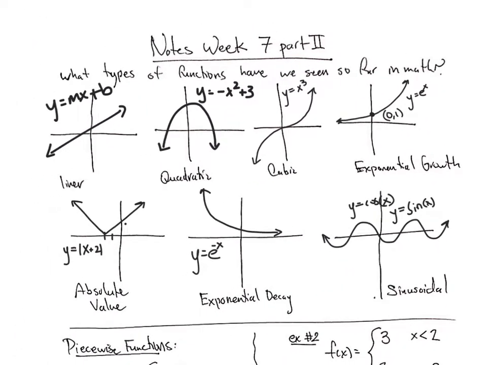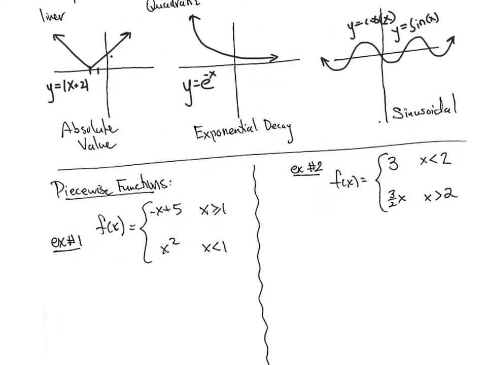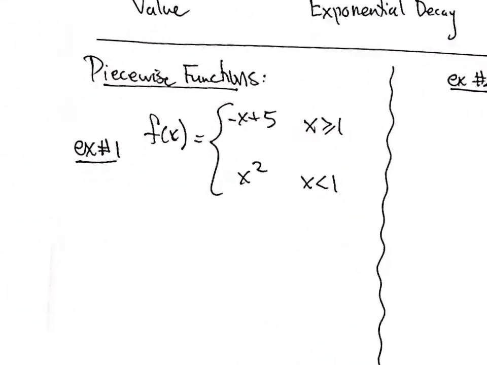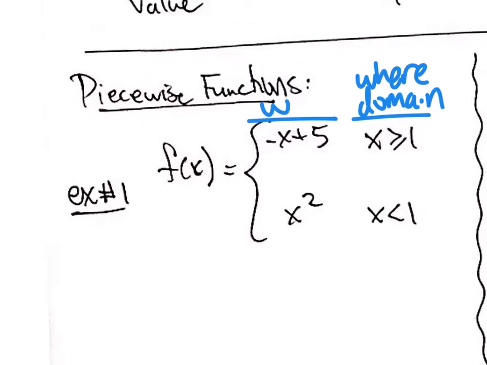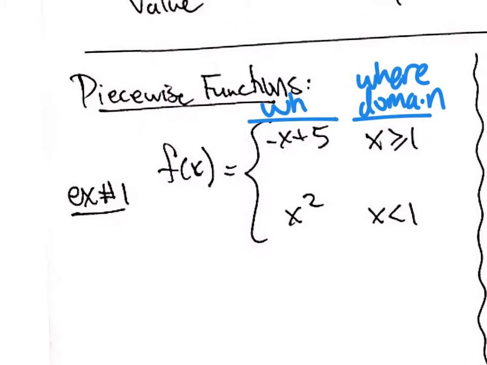Their graphs and equations. And so this lesson is basically on piecewise functions, where a piecewise function splits up the domain. So this is where the function is. So I'm going to say where, otherwise known as domain. And then this part over here is the what. What graph are we looking at?